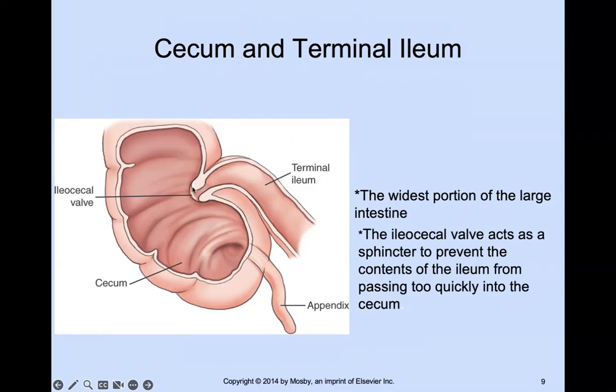So the ileocecal valve is a sphincter that's going to prevent contents, which in this case would be barium, from passing too quickly into the cecum, okay? But all contents going through there. So it acts as a sphincter. And then we can see the appendix attached to the cecum. It does become filled with barium, and you're able to see this cute little squiggly line.